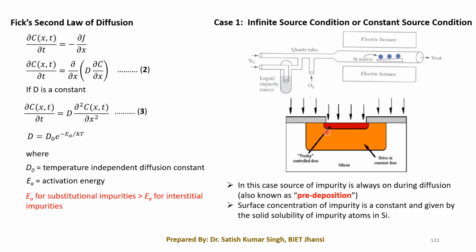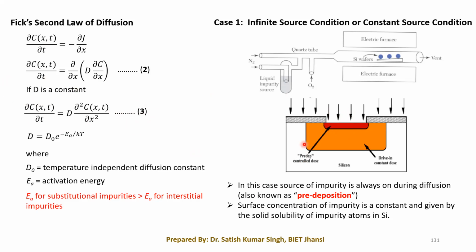If we solve it for the pre-deposition case, we can have certain boundary conditions and certain initial conditions. If we put these boundary conditions and initial conditions into equation number 3, then we can get a particular solution for your doping profile.